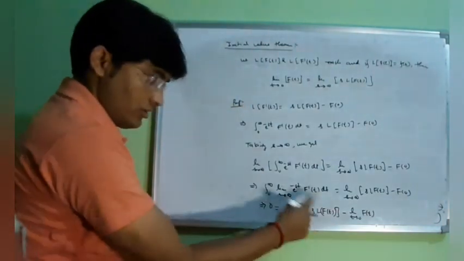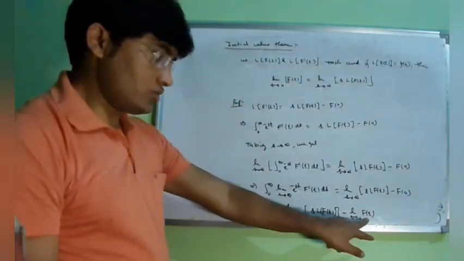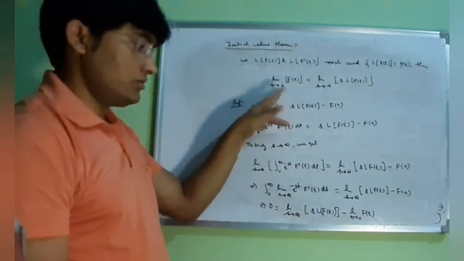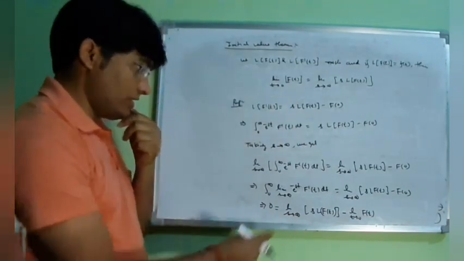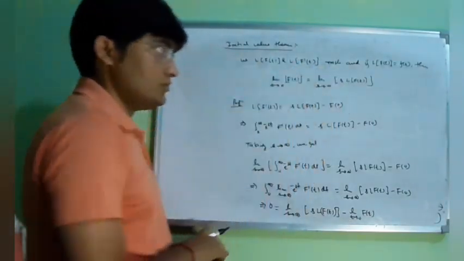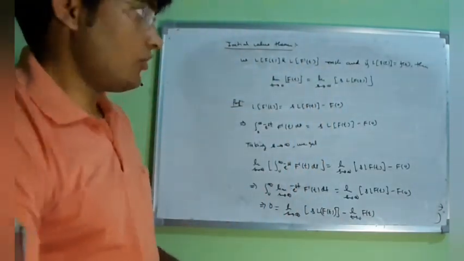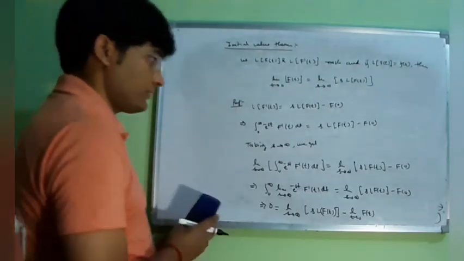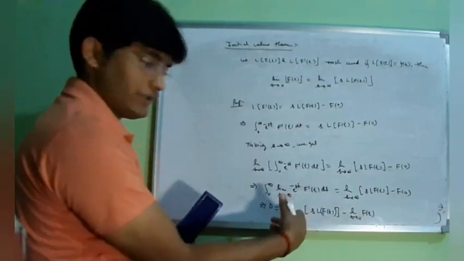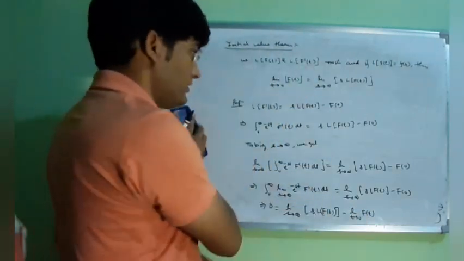So on taking this term to the left hand side, we will have this result. Thus limit t tends to 0 of f(t) is equal to limit s tends to infinity of s Laplace f(t).